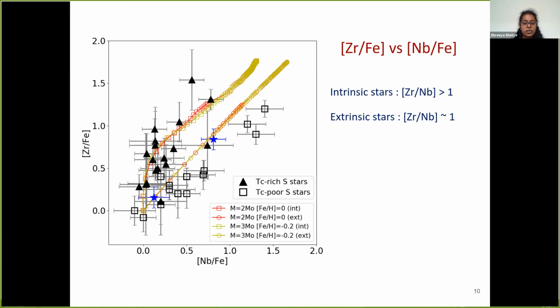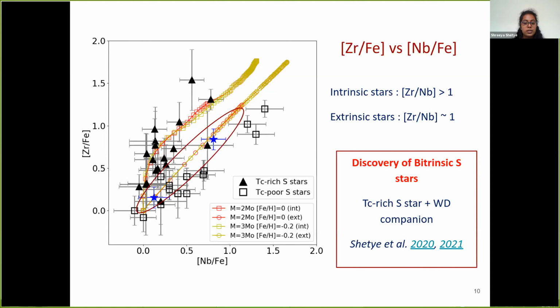Another interesting discovery from this diagram was these bintrinsic stars, which I have marked in this circle. So these bintrinsic stars, why are they "bi"? They are "bi" because they show technetium lines, so they are genuine. They show genuine intrinsic features through the technetium lines, but they also have a zirconium over niobium ratio of 1, which is a hint that these stars have also undergone a binary interaction previously with their former AGB companion.